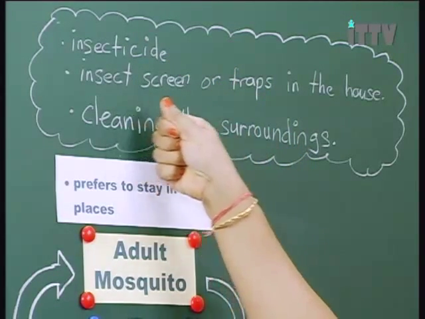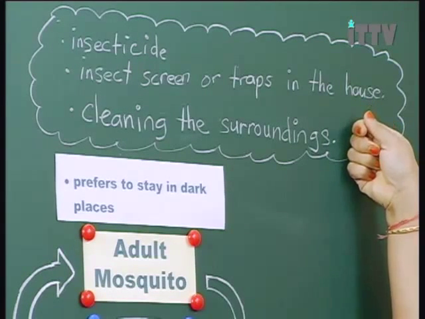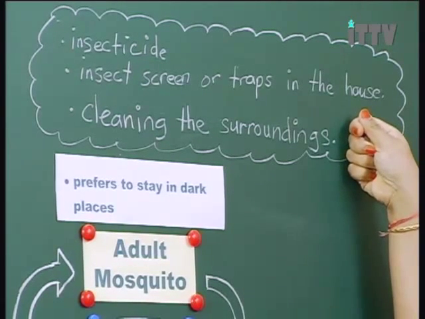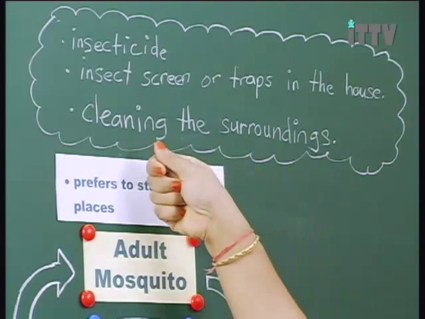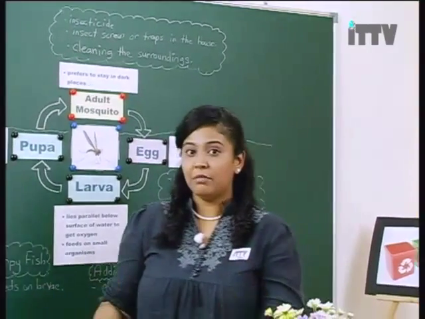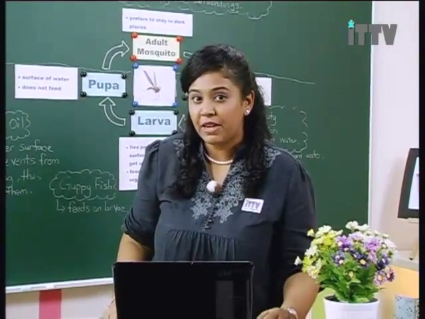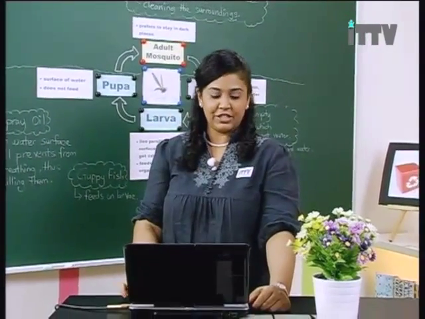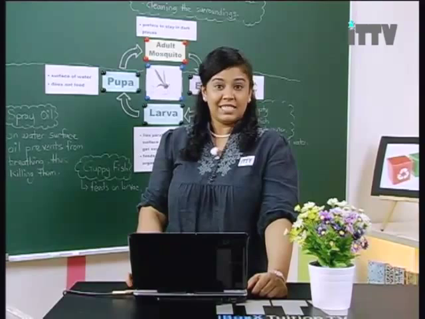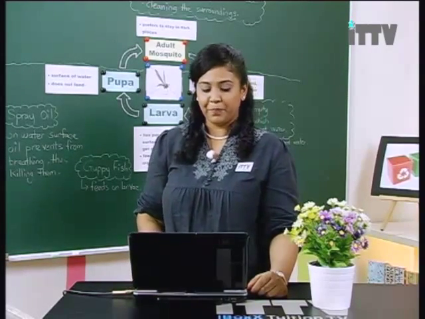Moving on, insect screen or traps in the house is to prevent these adult mosquitoes from entering the house. Moving on, cleaning the surroundings by burying the empty containers to prevent the adult mosquito from breeding. So these are the things that can be prevented at different stages. Let's summarize for this life cycle of mosquito and how to prevent them.